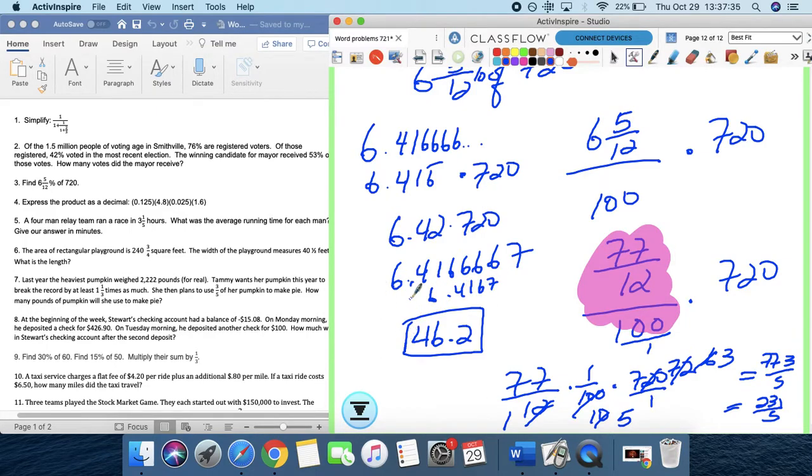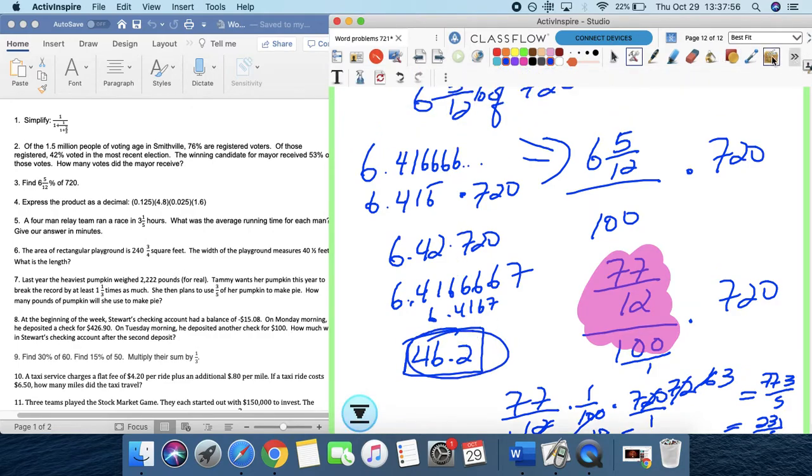It really depends. The more decimals used, the closer to the actual answer it would be, right? But there are no specifications here. So I'm thinking changing that to a fraction and doing it this way gives us the more precise answer.